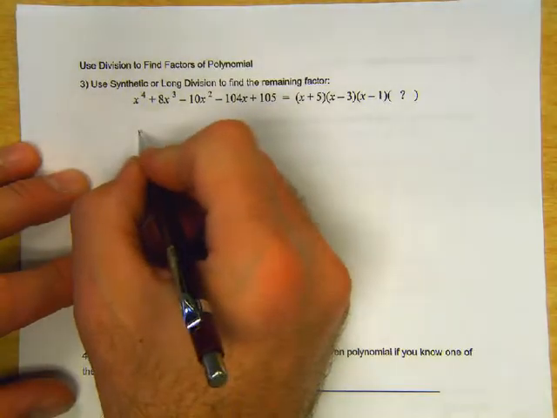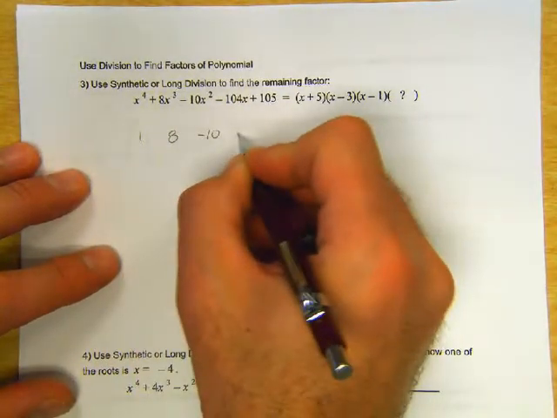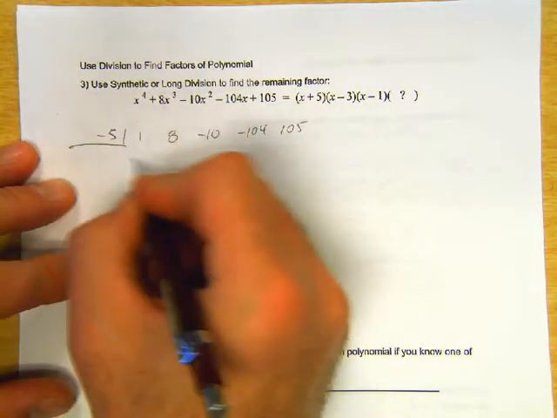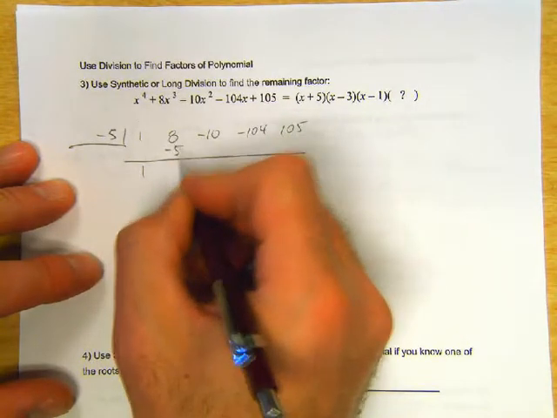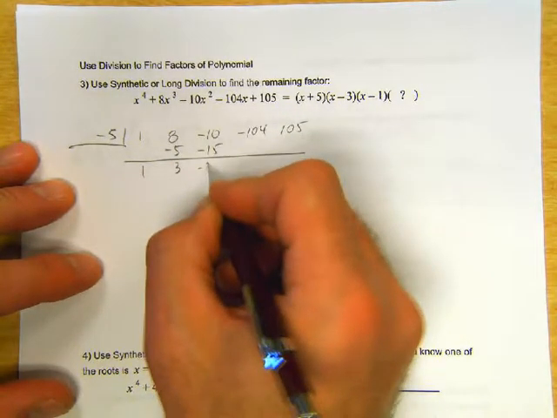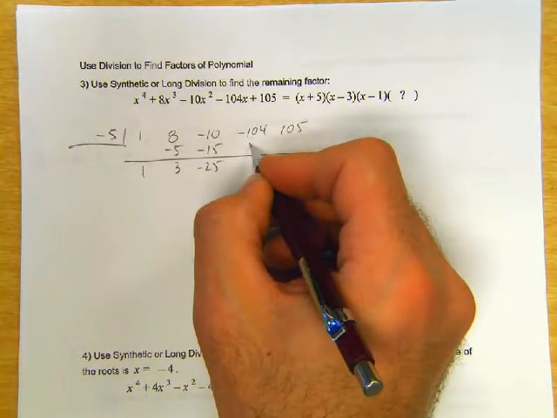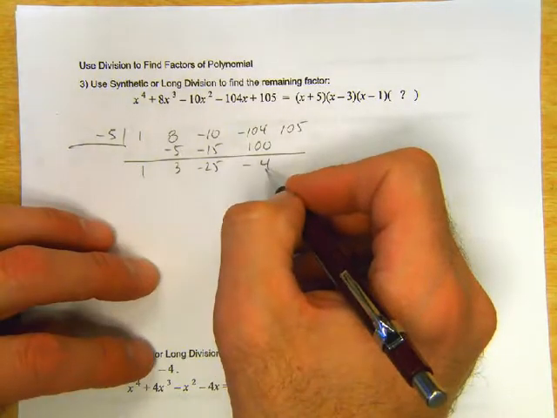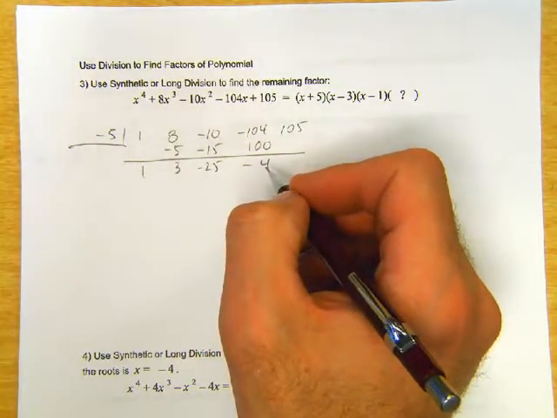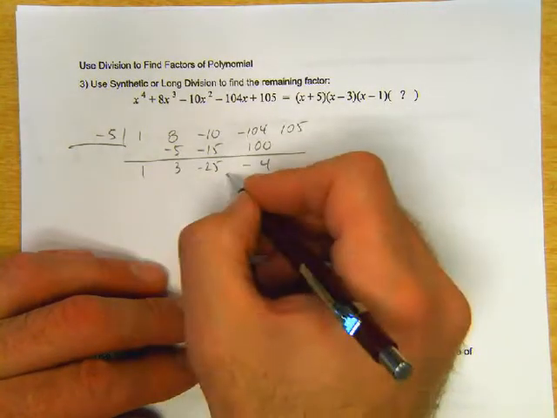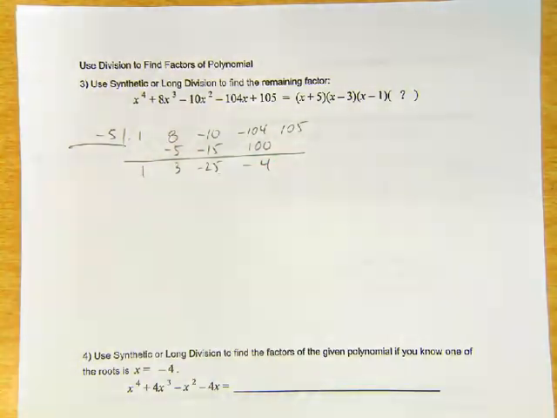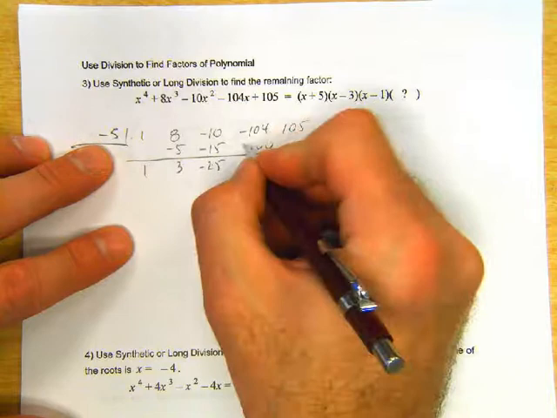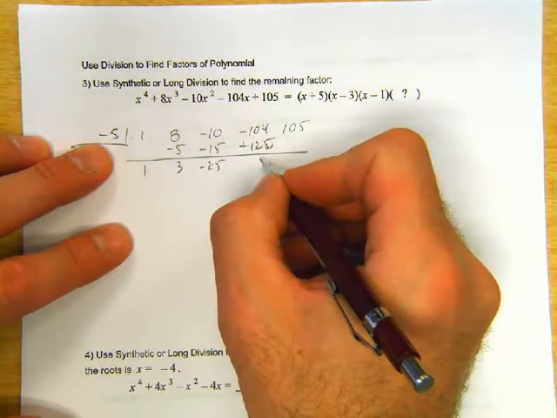Here's number 3. Oh. Silly Dave. 5 times 25 is plus 125, not 100.